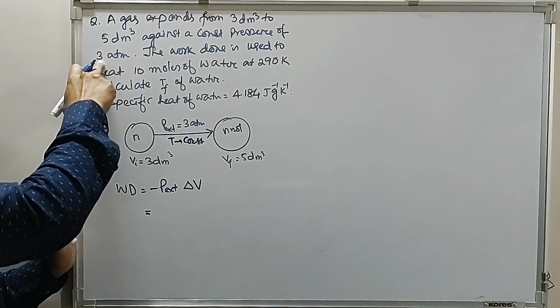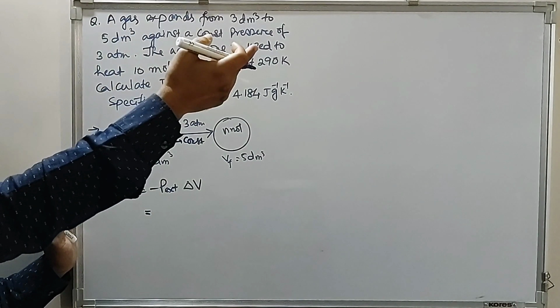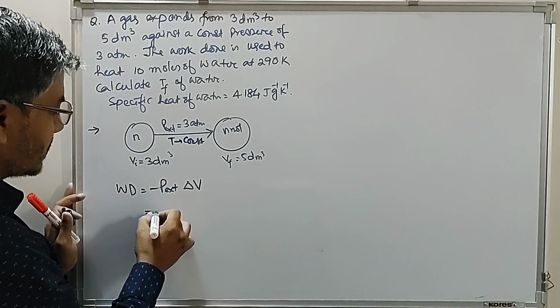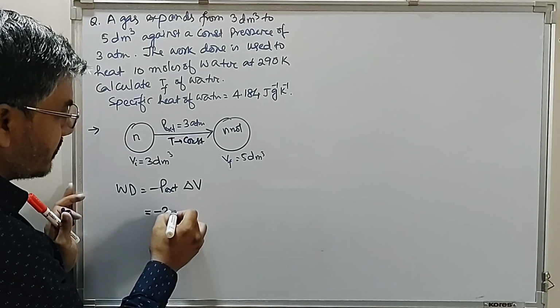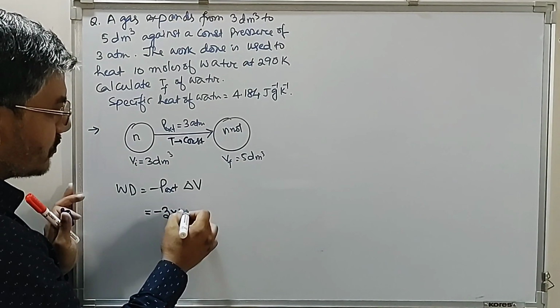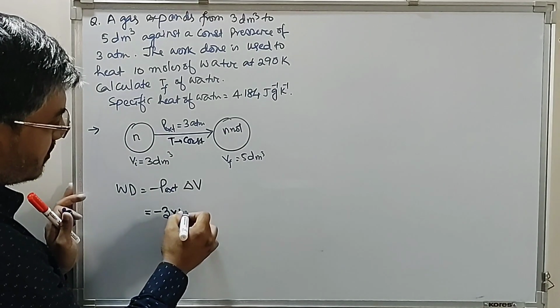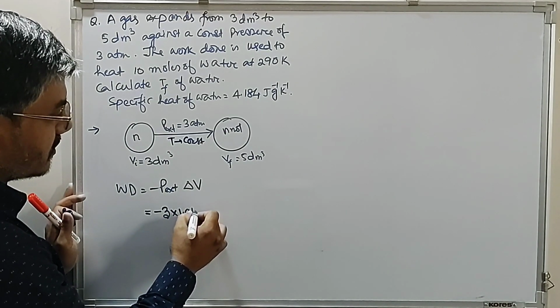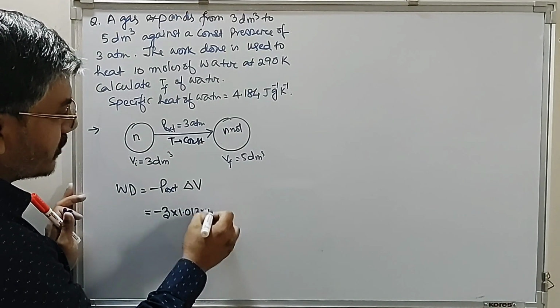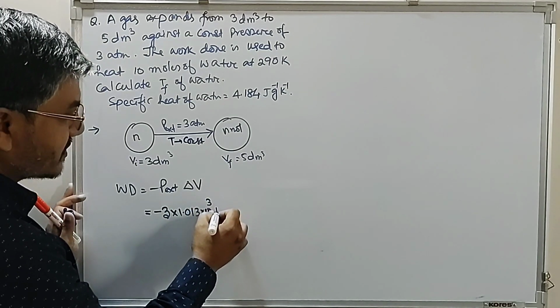Or we can convert atm into Pascal. We have 3 atm, and 1 atm is equal to 1.013 into 10 to the power 5 Pascal.